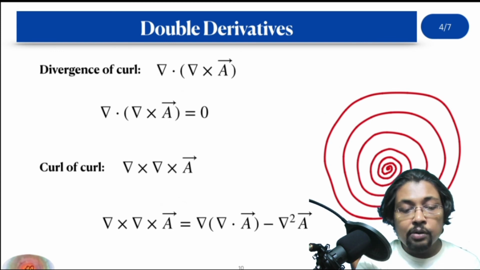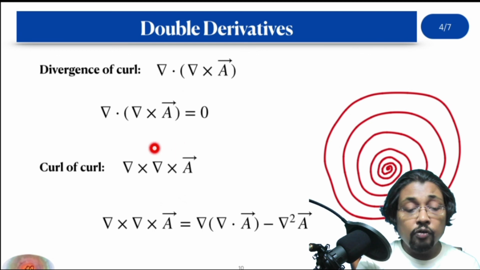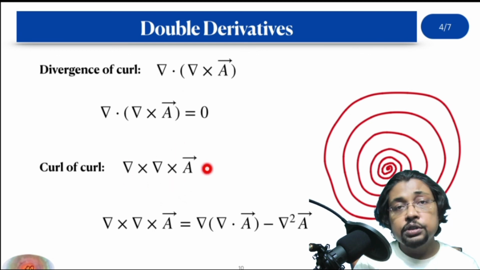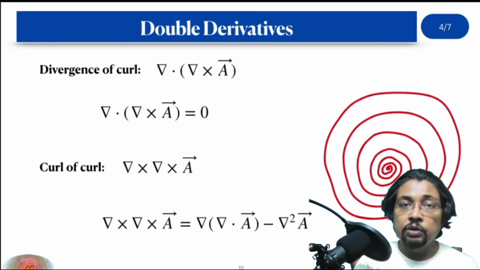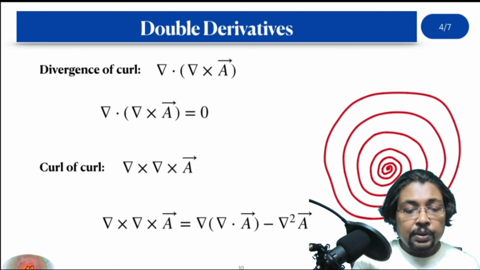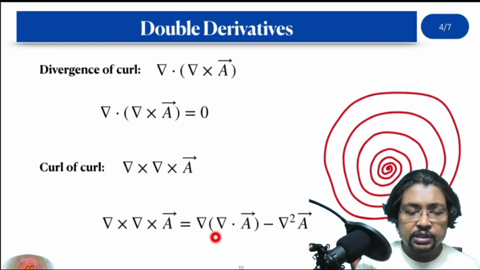In that case, I will replace this vector A by the electric field or the magnetic field, and the solution of this equation will give you the electromagnetic wave equation. I'll show you later. But for the time being, the operation over an arbitrary vector A can be written like this. This is based on the BAC-CAB rule. Very simple.